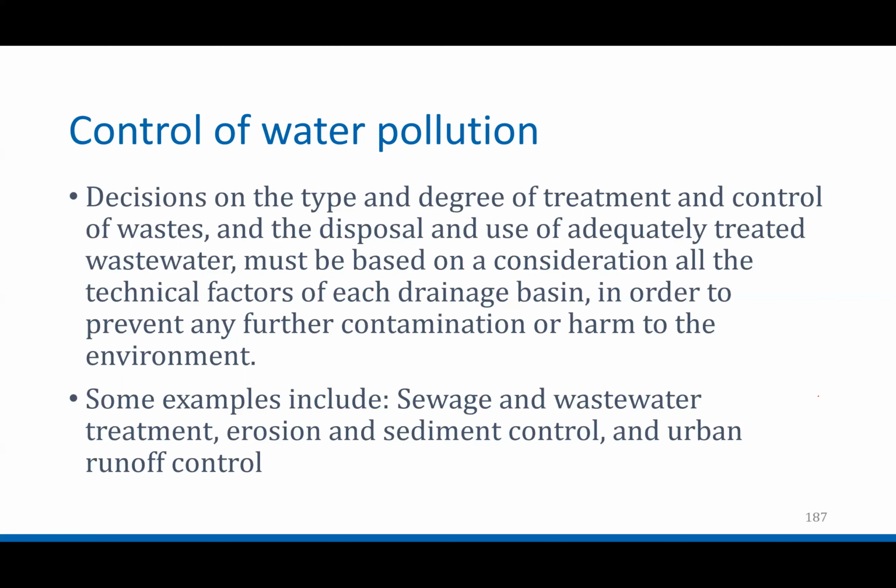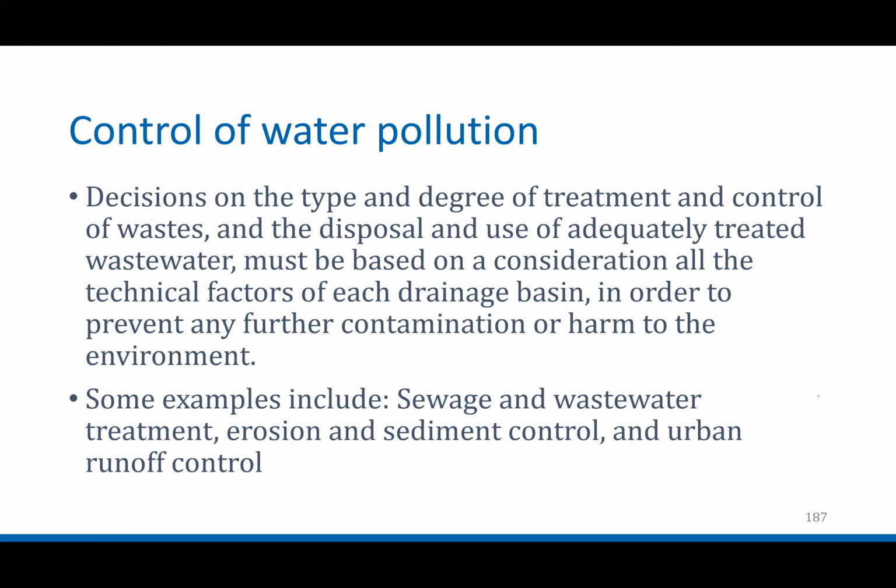All right, so the last part of chapter 2, controlling water pollution. This, guys, this could be a whole course. It's only a couple of slides, but you could do a whole course on methods of controlling water pollution. So decisions on the type and degree of treatment and control, disposal.